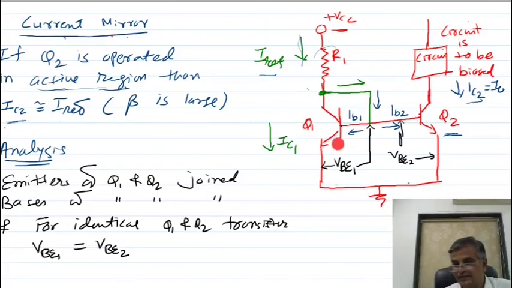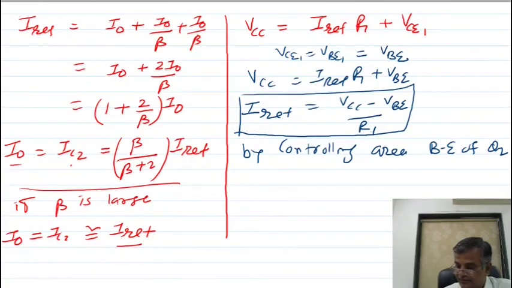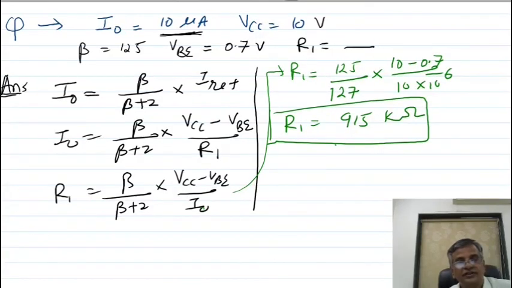So you will get two limitations. One, if beta is low, this cannot be used, means you cannot get IC2 equal to I reference. Second, for a low value of the constant current, this circuit is not advisable to use. So this numerical says that to get a low value of the constant current, we have to use another circuit.